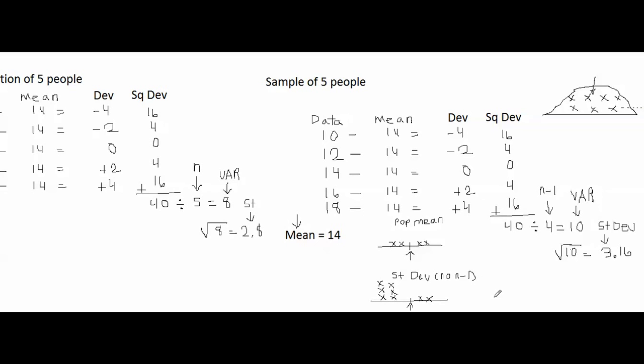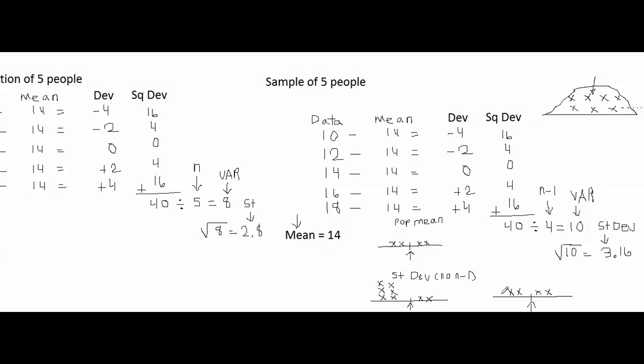If the adjustment is used, meaning if I took a bunch of samples over and over again, and I calculated the standard deviation of each sample with the n minus 1, what's going to happen is there's no longer going to be this tendency for the sample standard deviation to come out too low.